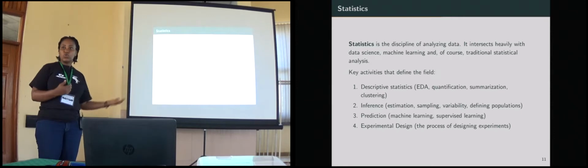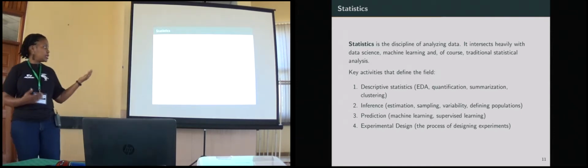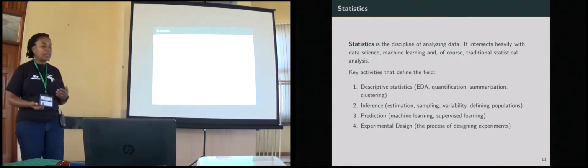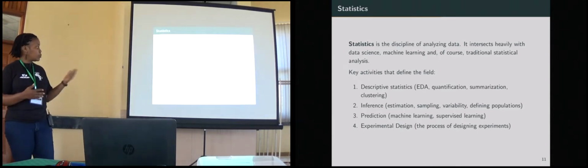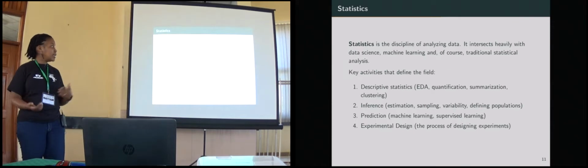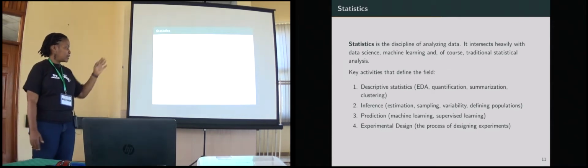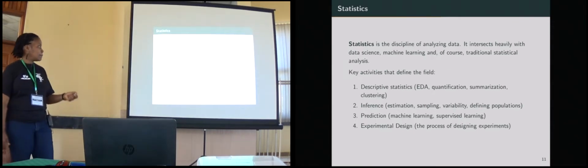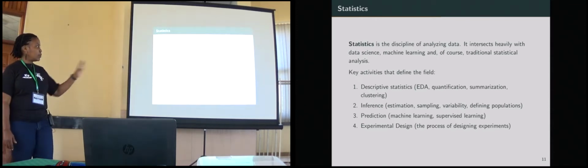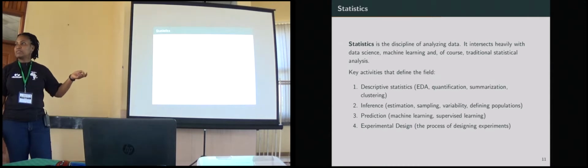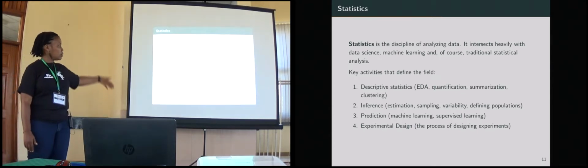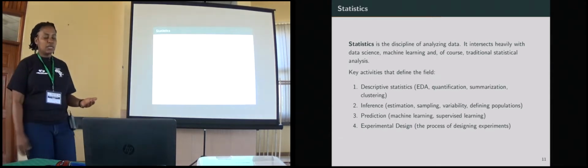We also do inference, which involves estimation, sampling, variability, and defining populations. And we have prediction, where we have machine learning, supervised learning, and reinforcement learning. Experimental design is the process of designing experiments. There are a lot of overlaps, especially on inference and prediction.